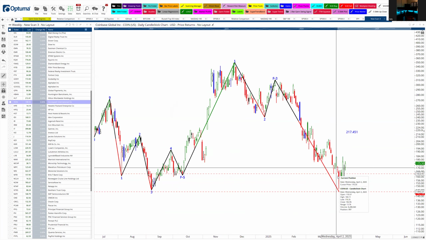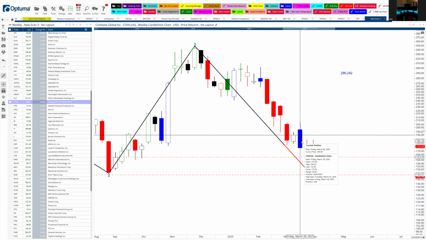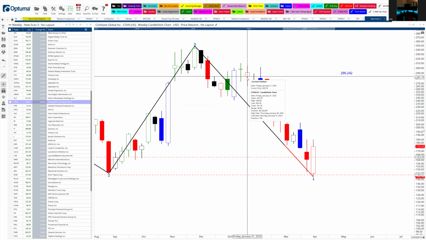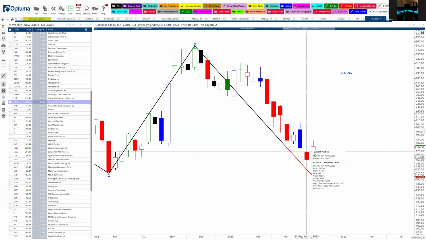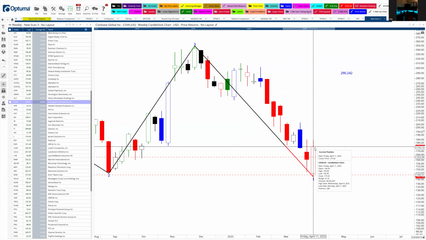See the failed swing here. See the coin here. Look, 3, 4, 5, 6, 7, 8, 9, 10, 11 weeks. The stock has not had a higher bar. I looked at it yesterday as well. 11 weeks, look at this. Not a single higher bar. Yesterday was a pretty good close, not gonna lie, for the week.